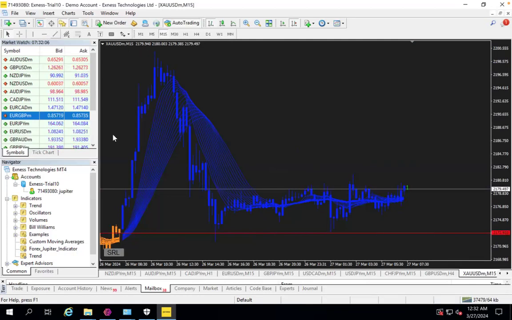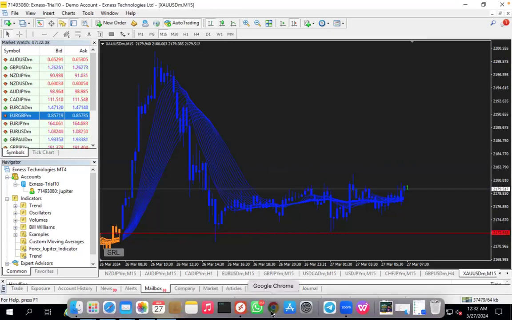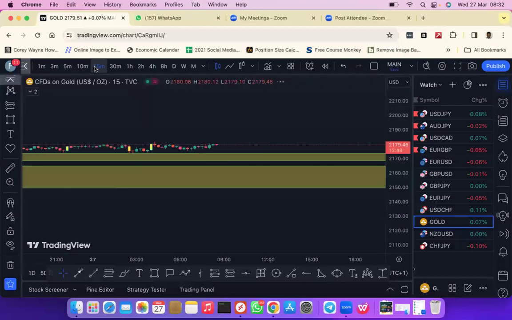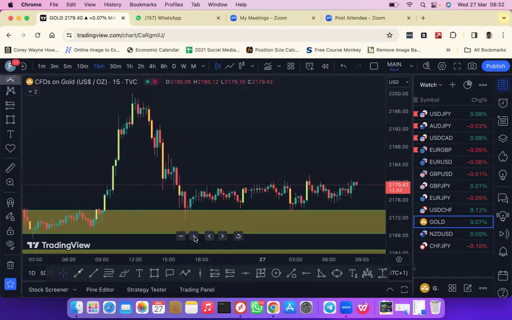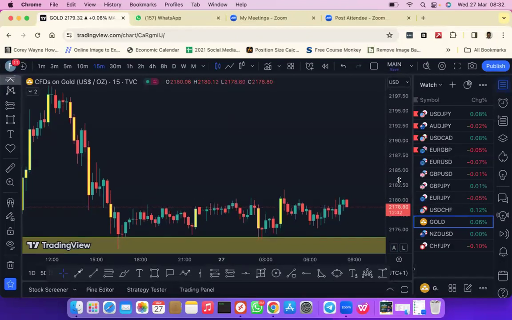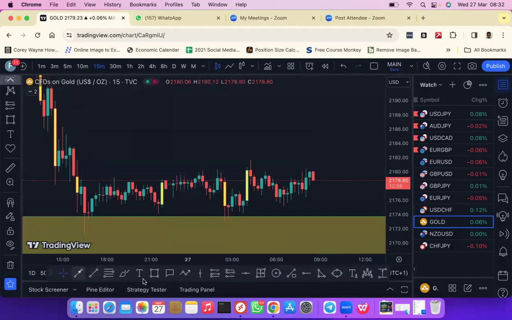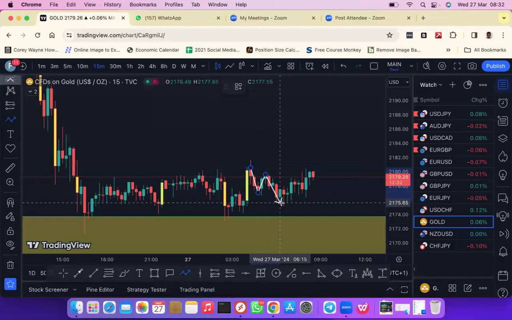What I would do, so let me go back to TradingView and then do this properly. Now let's go to 15 minutes. And we're going to be leveraging on our knowledge of counter trend, yeah? So this is a trend on the internal structure. You can see this happening, right?